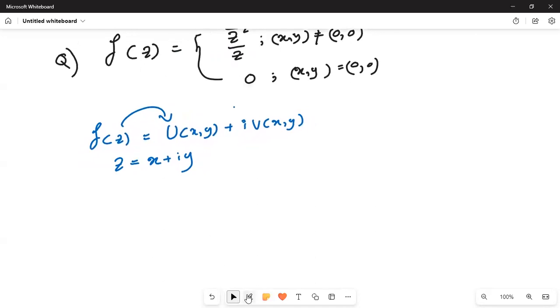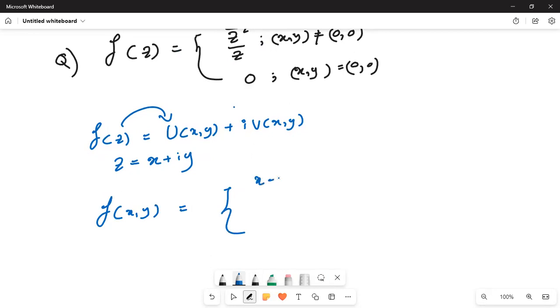First of all, we have to replace z by x and y. So by simplifying, we get x minus iy squared over x plus iy, where (x, y) is not equal to the origin.